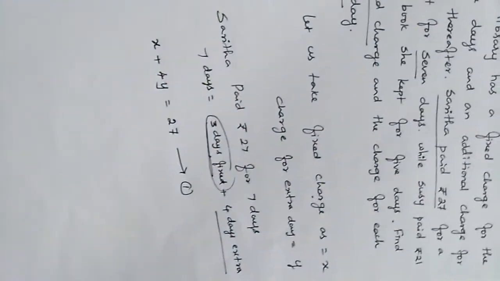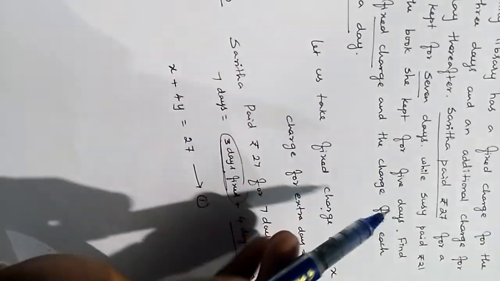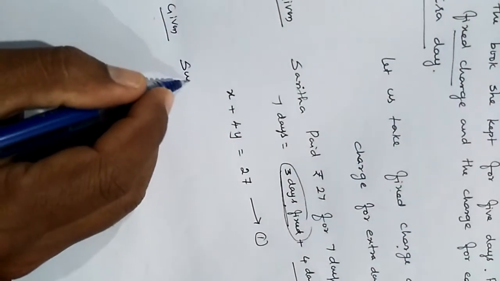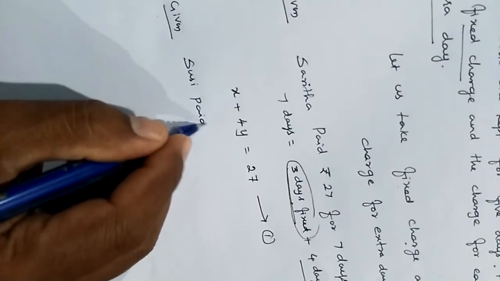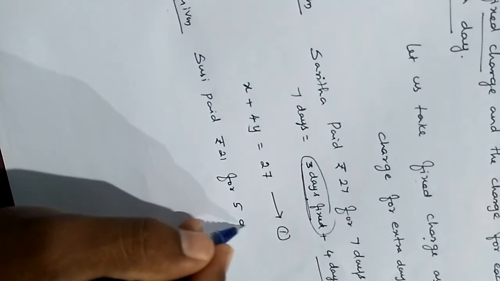Now let's take the second statement here. Susie paid rupees 21 for how many days? 5 days. So again it's given. Susie paid rupees 21 for 5 days.